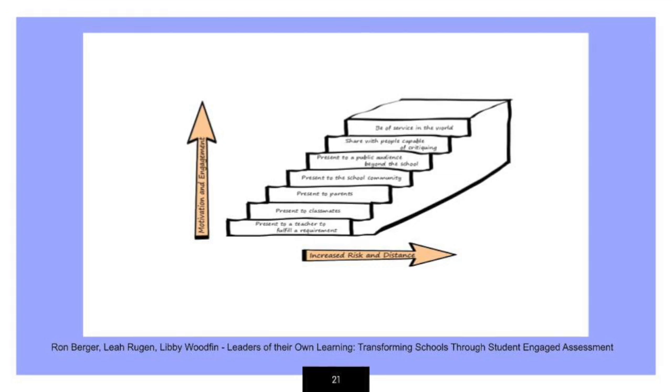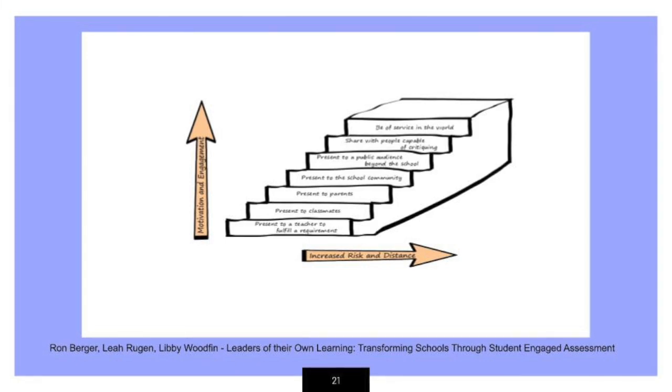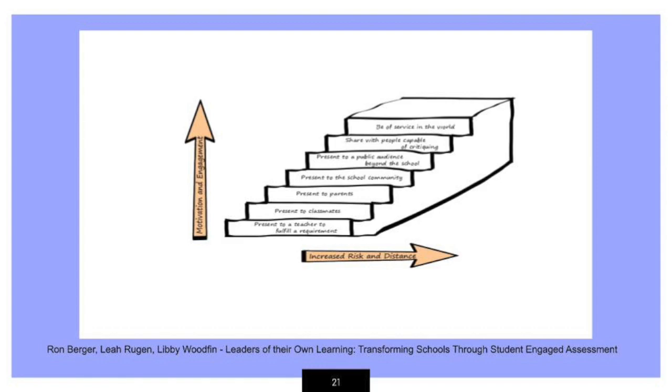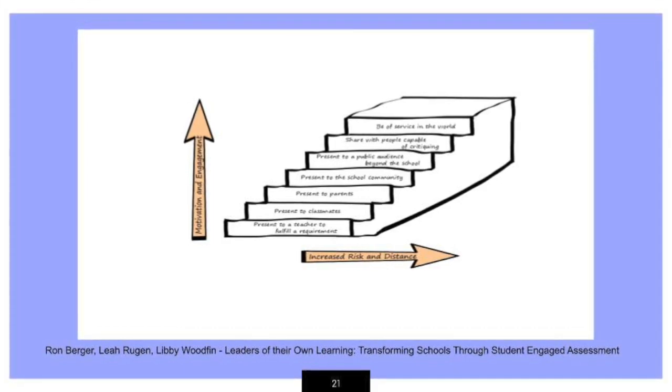And we talk on my staff a lot about how, as you increase the risk and distance, the motivation and engagement increases. But I would also want to say we want to be in the right zone on this, to not be so risky that it's crippling, but risky enough that it's motivating and engaging.